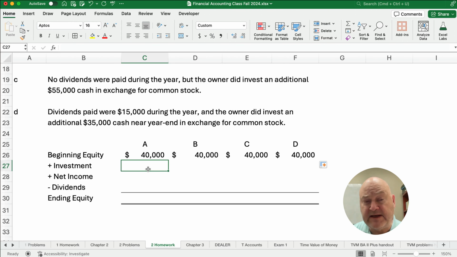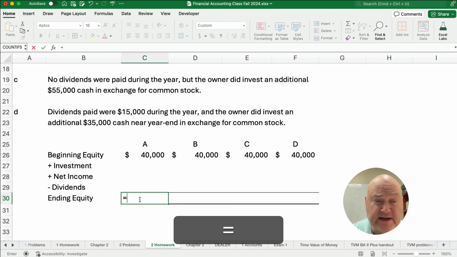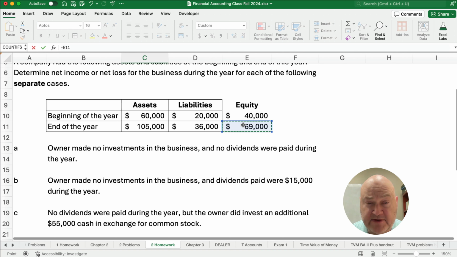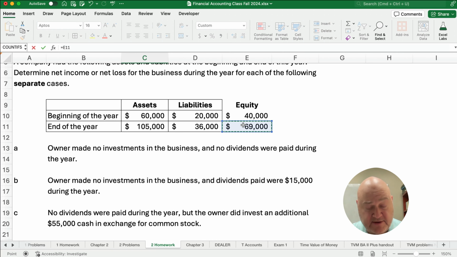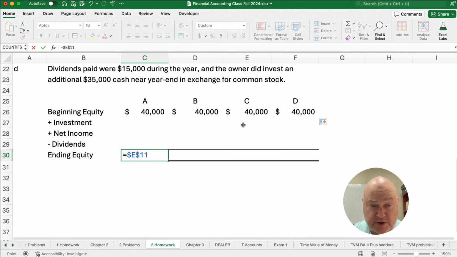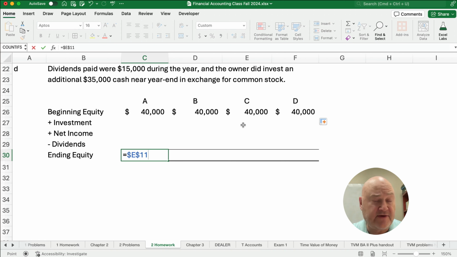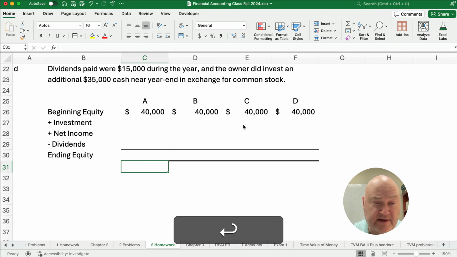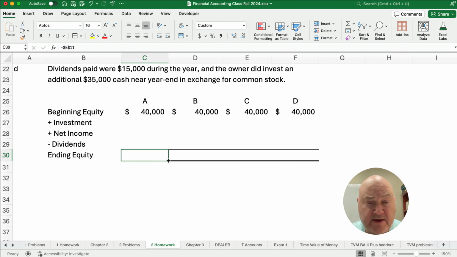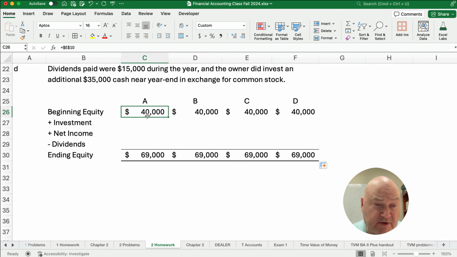We're using the same beginning information, just with different scenarios A, B, C, and D. The ending equity is going to be the same every time, 69,000. So I'm going to hit F4, put a dollar sign, that anchors it, or that's called an absolute address in Excel, so I can copy that across. That's 69,000. So we know we start with 40, and we end up with 69,000.